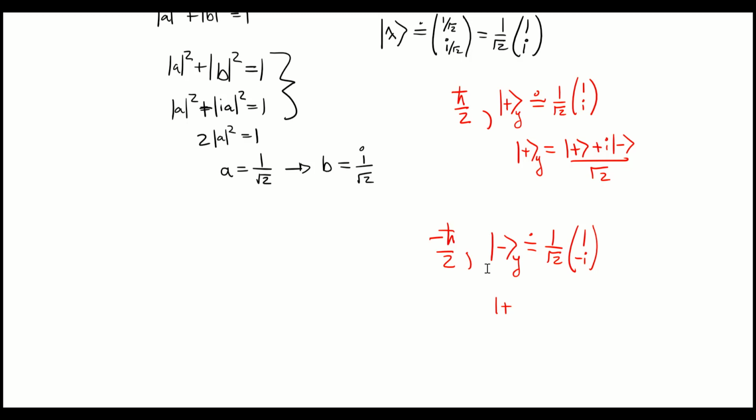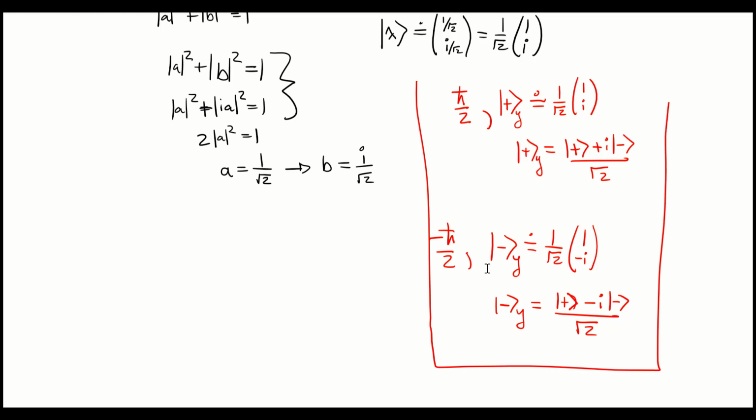In the ket notation, that is the spin up in the z direction minus i times the spin down in the z direction, all over root 2. So hopefully that is a clear enough result, a little example to work through.